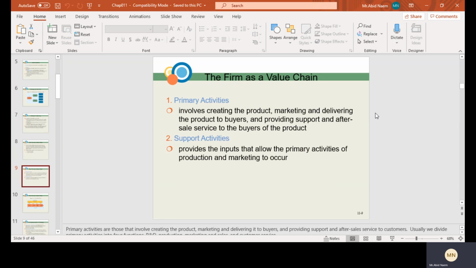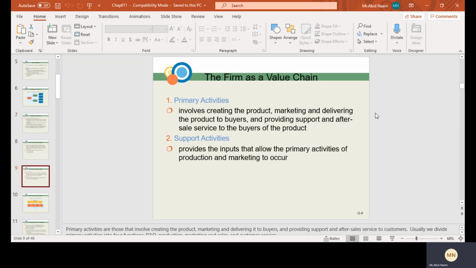Primary activities involve creating the product, marketing and delivering the product to buyers, and providing support and after-sales service to the buyers of the product. Whereas support activities provide the input that allows the primary activity of production and marketing to occur.